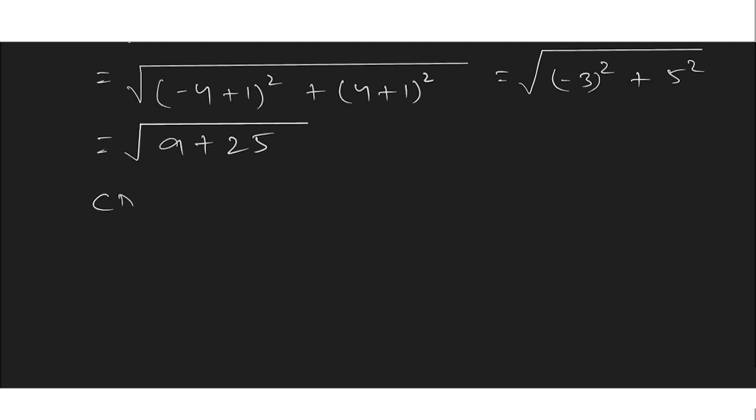Therefore, length of the line segment CD is equal to square root of 34.